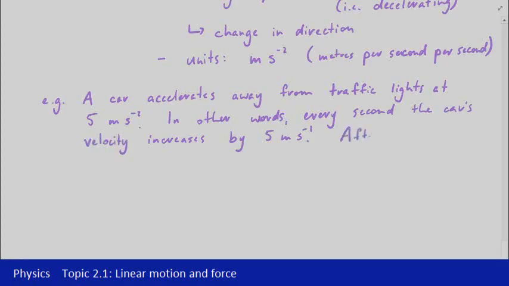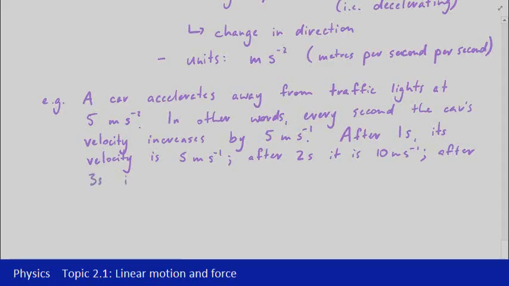So after 1 second, its velocity is 5 meters per second. After 2 seconds, it is 10 meters per second. After 3 seconds, it is 15 meters per second.